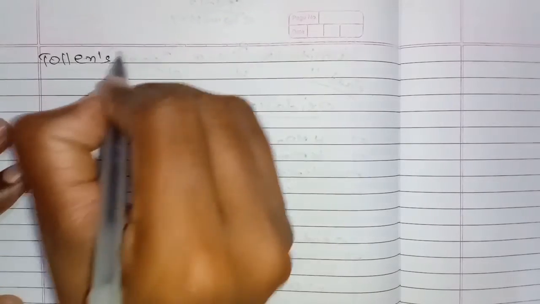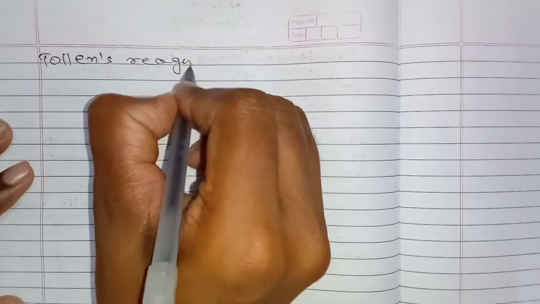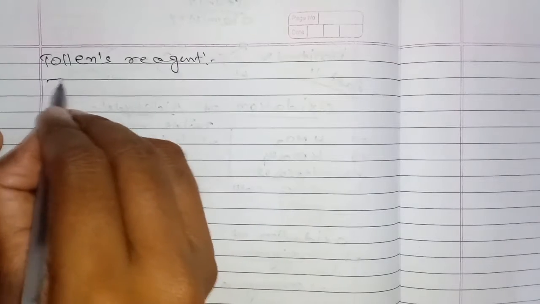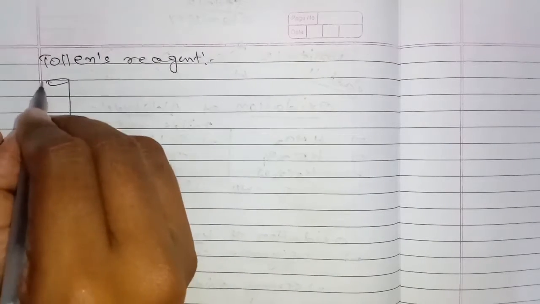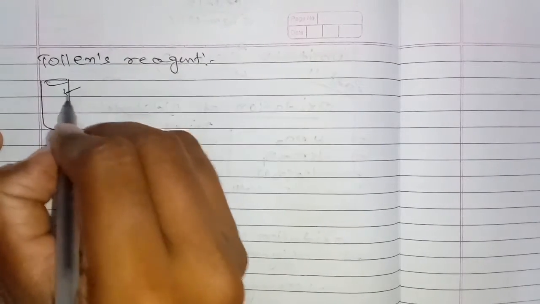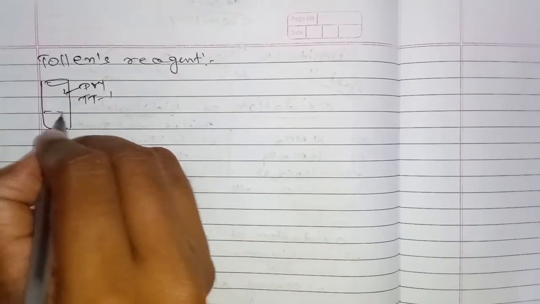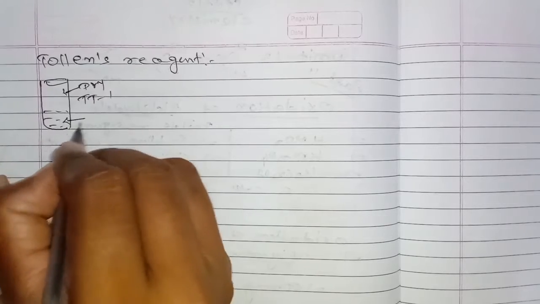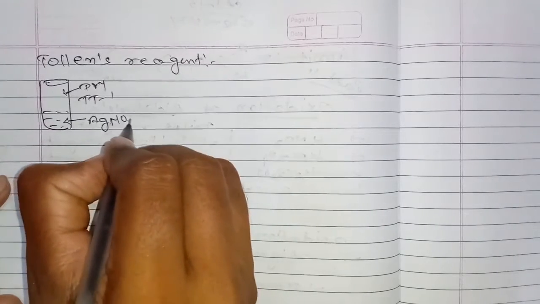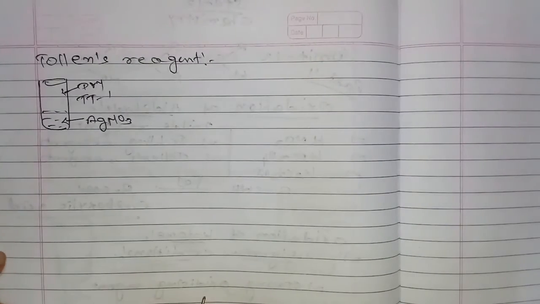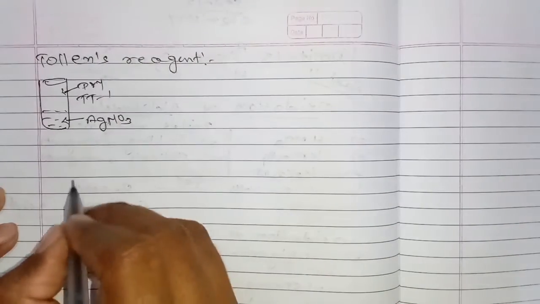For the preparation of Tollen reagent, in a dry test tube, silver nitrate solution is added.